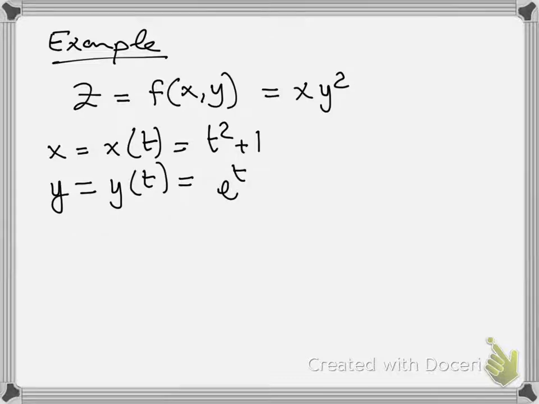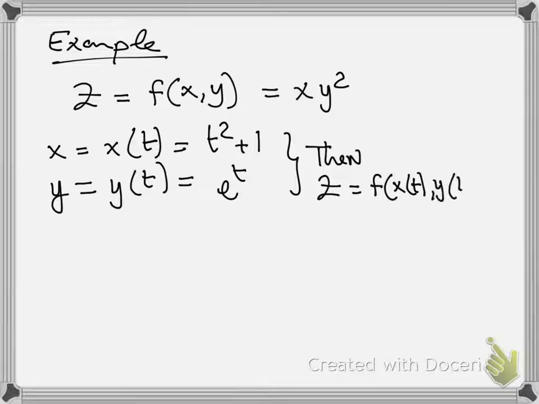Okay. So then here, what I am saying is, then z would be a function, so f of x of t, y of t. So z is actually a function of t.